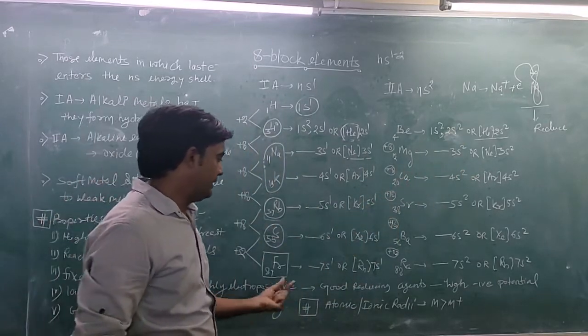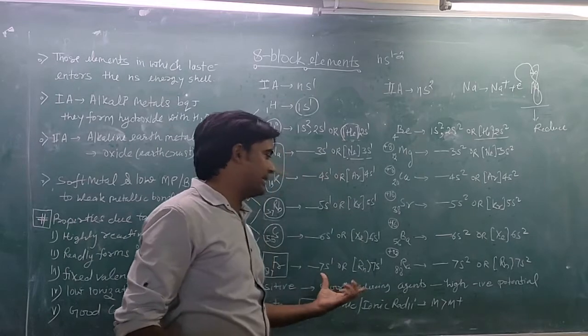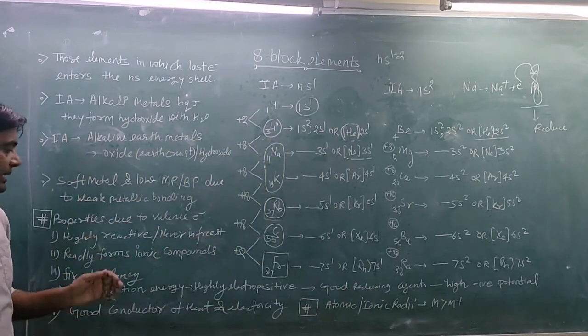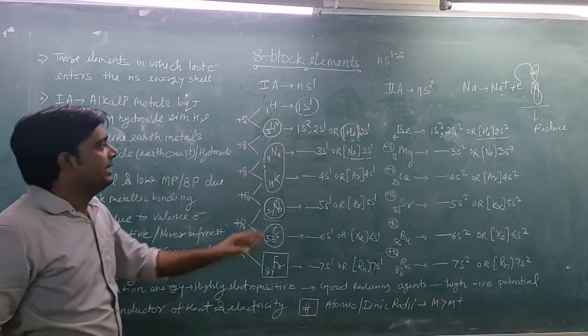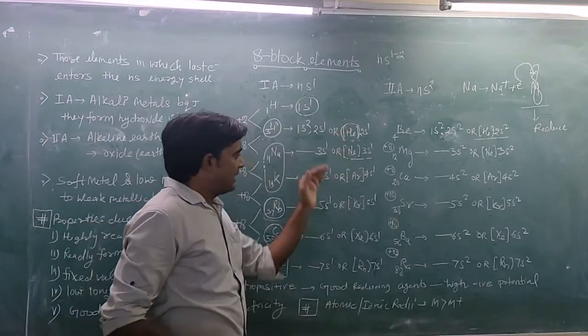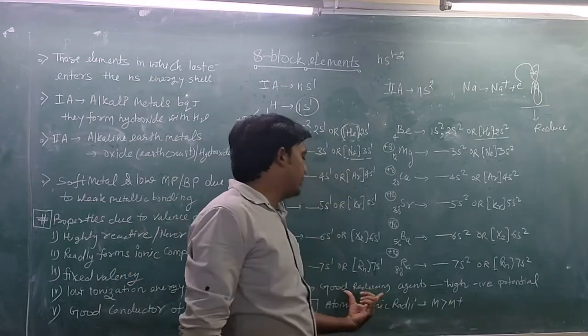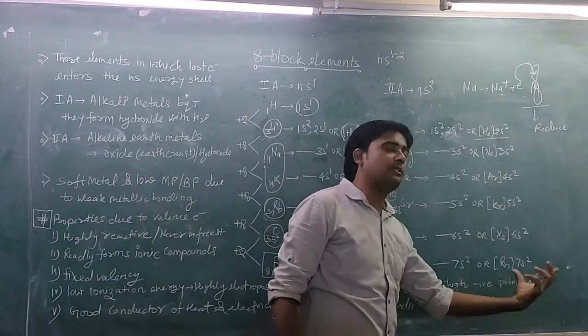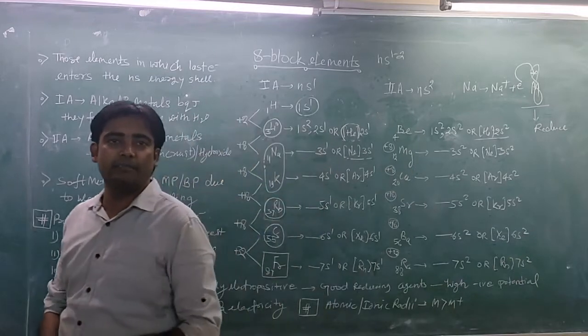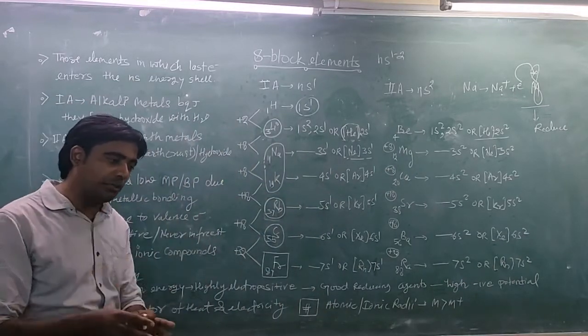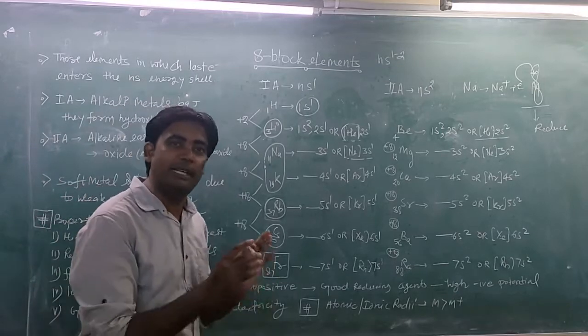So these elements are good reducing agents because of the loosely bound valence shell electron. All factors depend on the electronic configuration of these elements. Since they are good reducing agents, they have high negative electrode potential, that is, the reduction potential will be high.